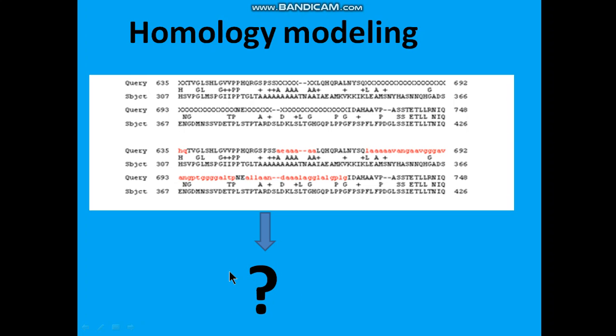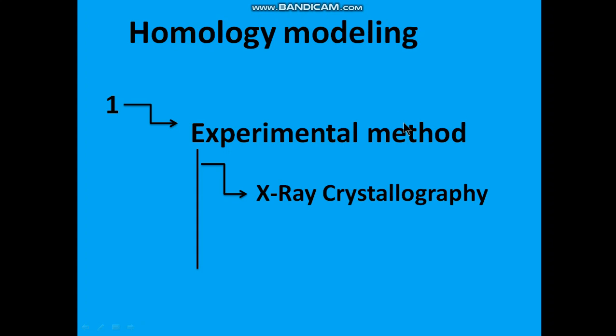Yes, we can determine it through two processes. One is the experimental method. We use this method to do the modeling and we may get a 3D structure of a protein. There are two methods. One is X-ray crystallography and another is NMR.